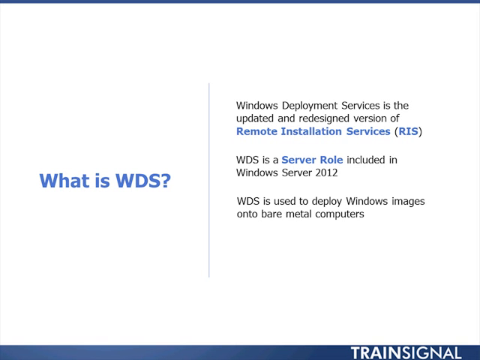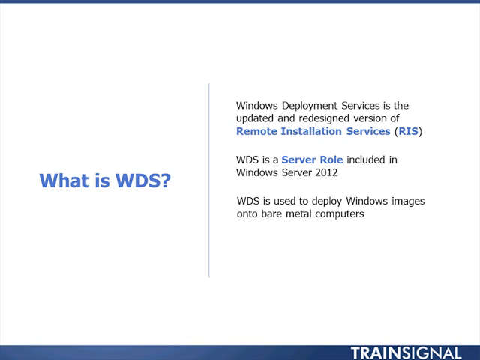Now I will tell you, when it comes to Windows Server 2012, you want to talk about deploying images. It's all about something called the Windows Deployment Services, or simply WDS. So what is WDS? Well, if you have worked with Windows Server 2003, or even back with Windows 2000, we had something called Remote Installation Services, or RIS.